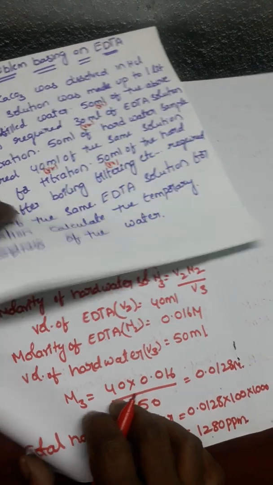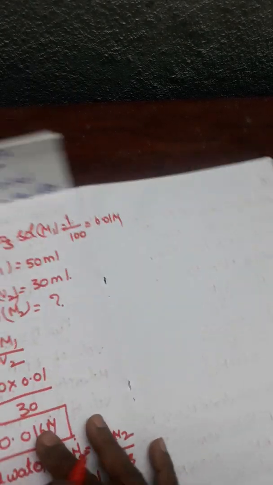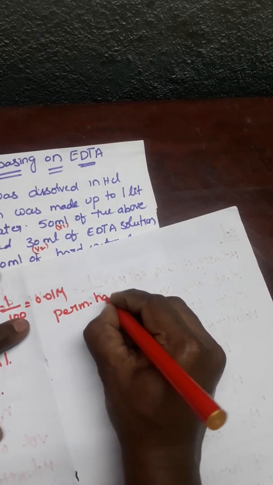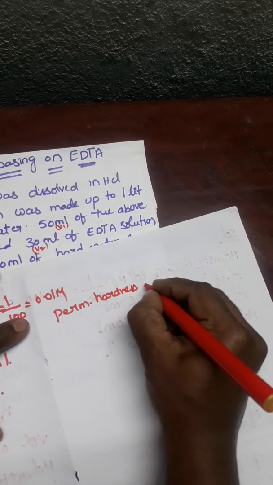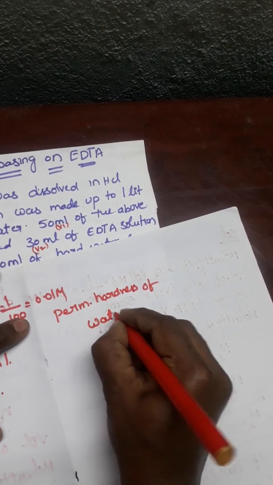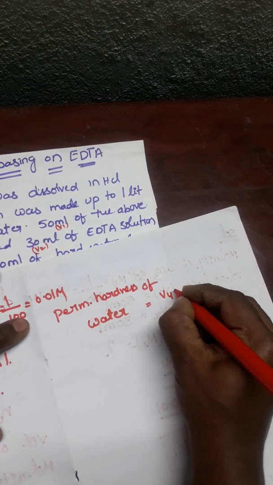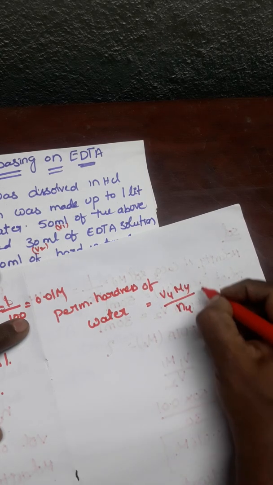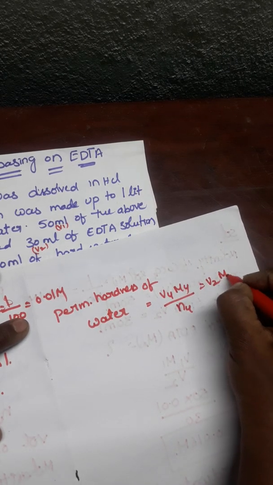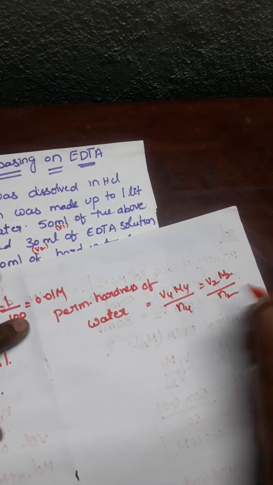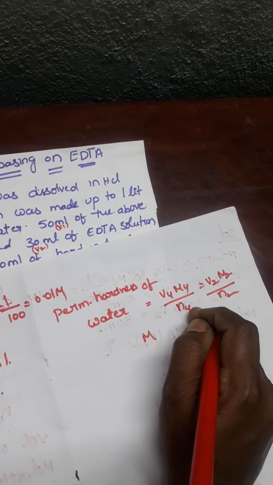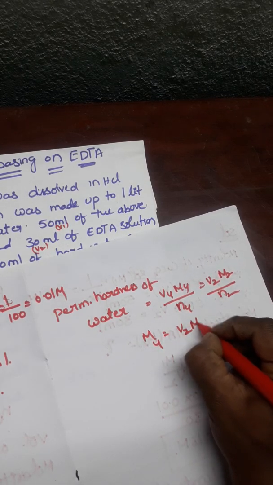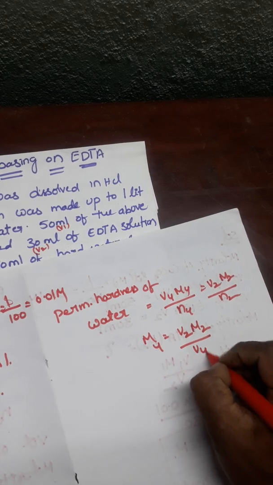Next, permanent hardness. How much permanent hardness? Permanent hardness of water is equal to V4 M4 by N4, that is equal to V2 M2 by N2. Next, from this equation we got M4 is equal to V2 M2 by V4.